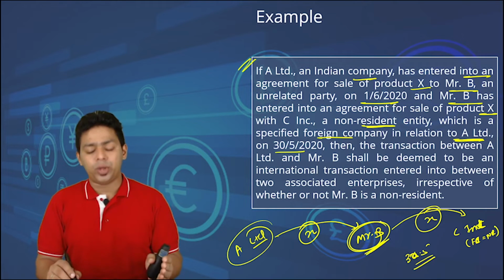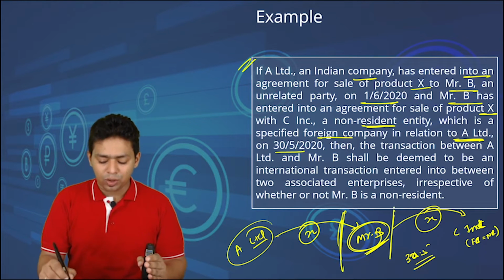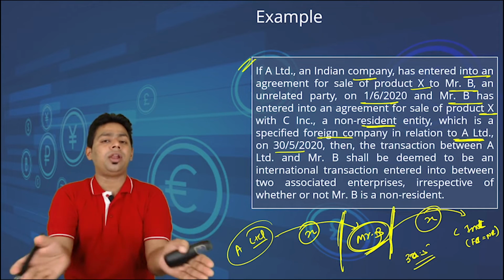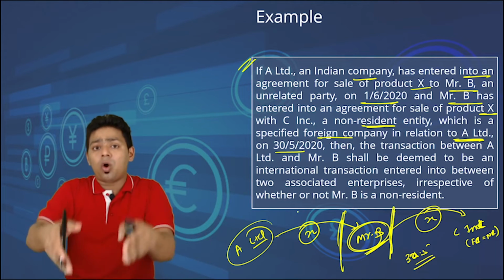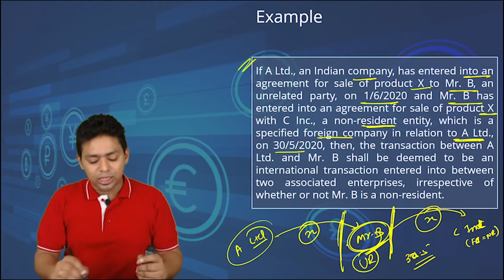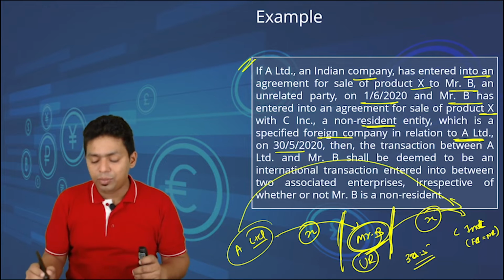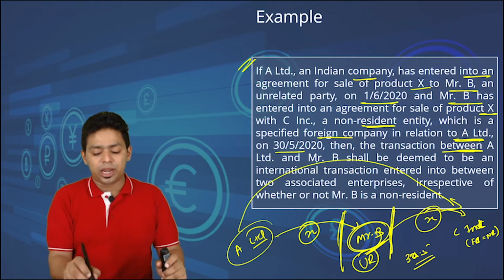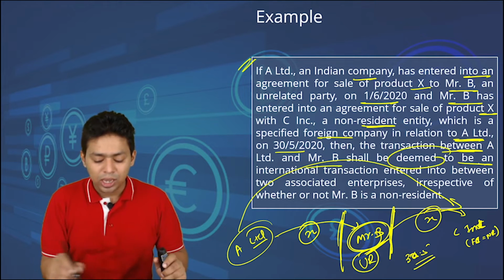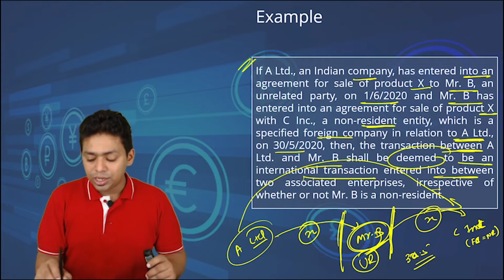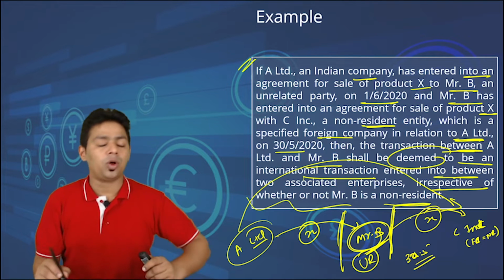What they are doing is just to break the chain of international transaction and related party transaction. They are involving a third party which is an unrelated party. Indirectly, this is a product sold by A Limited to CINC. Then such a transaction between A Limited and Mr. B shall be deemed to be an international transaction entered into between two associate enterprises, irrespective of whether Mr. B is a non-resident.